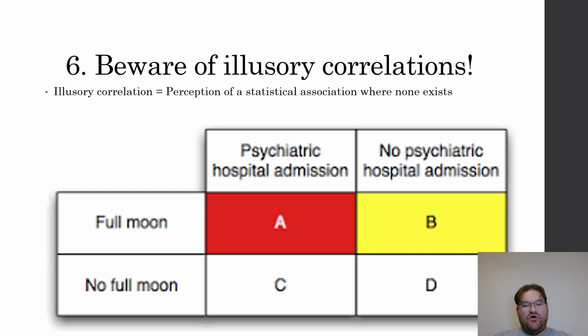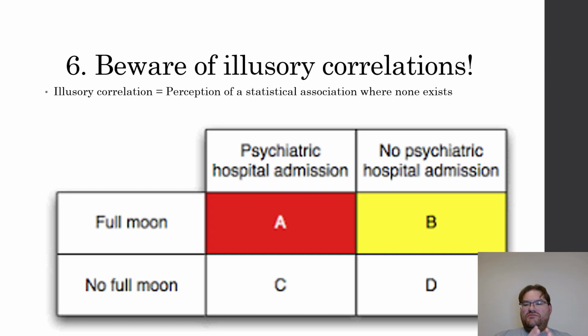In this example, people, especially in public safety and healthcare professions, tend to fall for this illusory correlation more than people who may not work in those fields. What some people believe is called the lunar effect. That is, that the presence of a full moon is related to psychiatric hospital admittance.